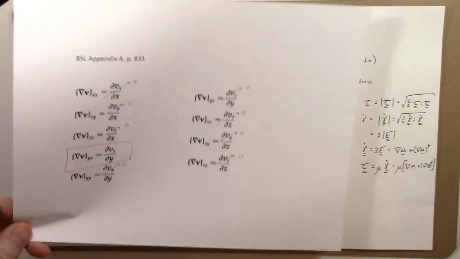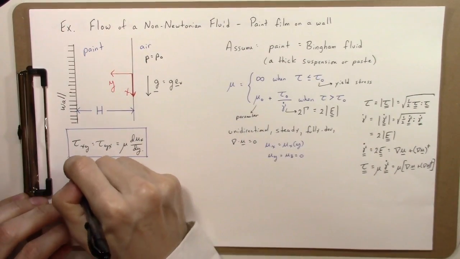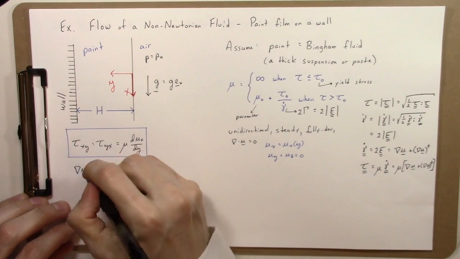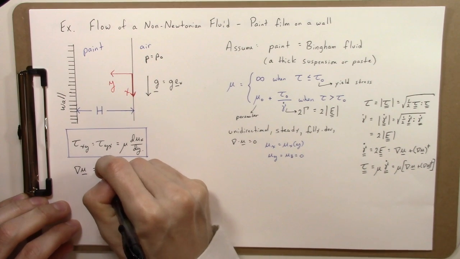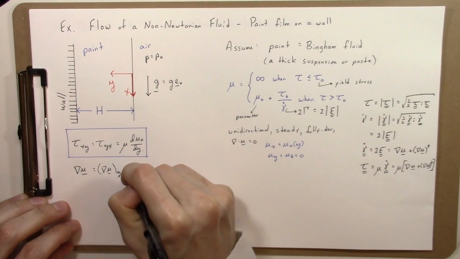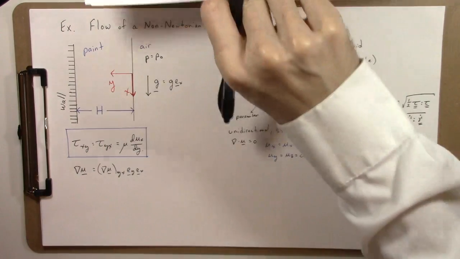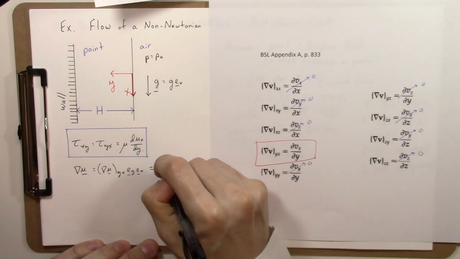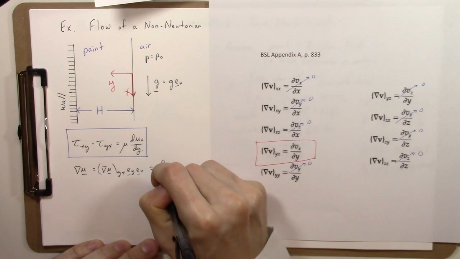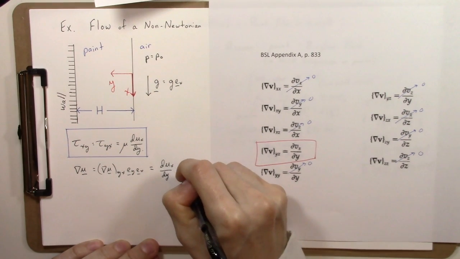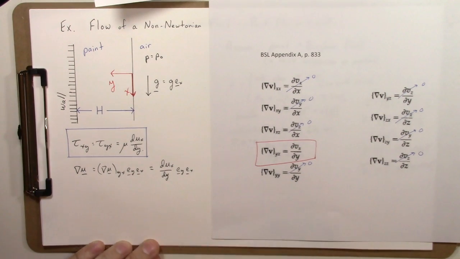So for the velocity gradient tensor, del u is equal to del u yx ey ex, and for what we just found here, this is then equal to dux dy ey ex. That's what it means.